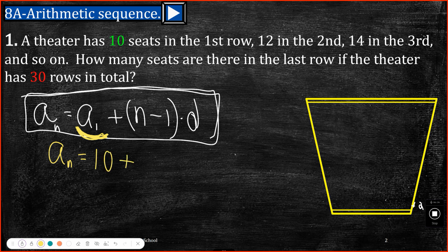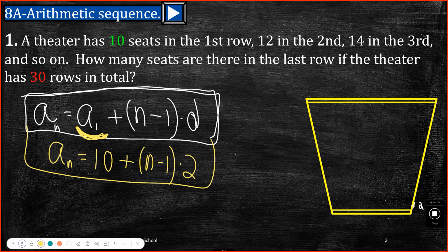Plus, leave this as a variable, n minus 1, for any nth row, times the common difference. So how much are we adding to the previous one to get the next one? So it's 2. So this is a formula to get the amount of seats in any kind of row. So this would work.